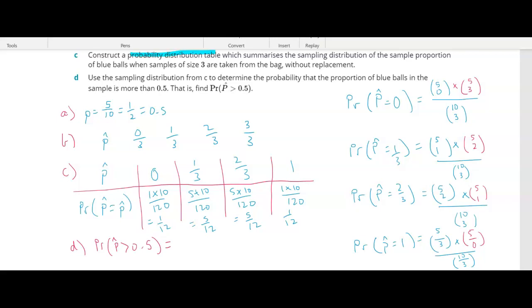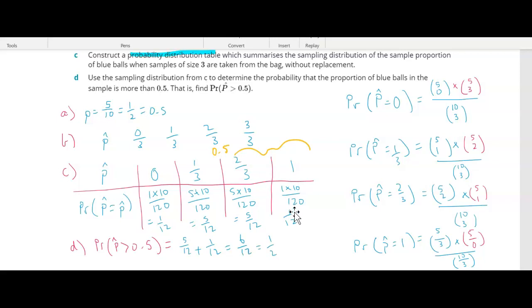So in our distribution, we need to work out where 0.5 is. So 0.5 is actually between 1/3 and 2/3. So we want to be greater than 1/2, so we're just including these two values here. So their probabilities are 5 over 12 and 1 over 12. So that gives you 6 over 12, which we can simplify to 1/2.